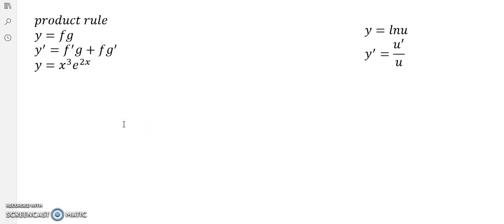Now for the sake of practice, let's have this one, y equal to x cubed e to the power 2x, meaning that we will differentiate this one using this kind of formula. Since we have two functions, just like here we have f, g.